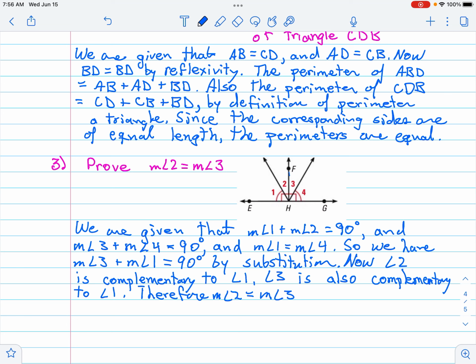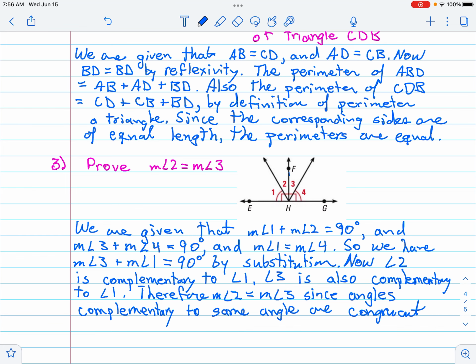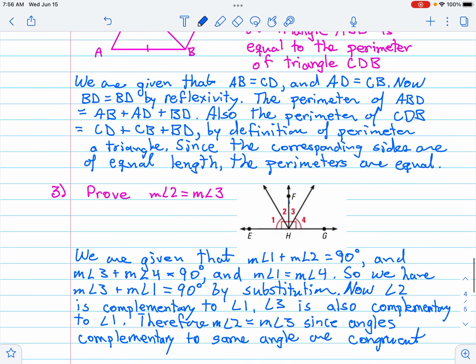Because they're complementary to the same angle, since angles complementary to the same angle are congruent. And that concludes that proof. That's it.